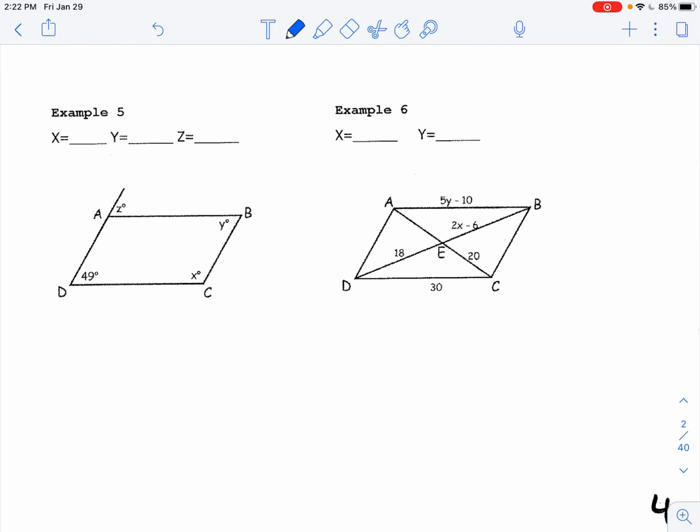In example number 5, let's see, what are we going to do here? Well, I know that opposite angles are congruent. So I know that y is going to be 49. I know that adjacent angles are supplementary. So if I add the 49 and x, that'll give me 180. So if I subtract 49 from 180, that gives me 131.